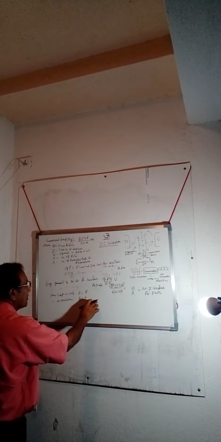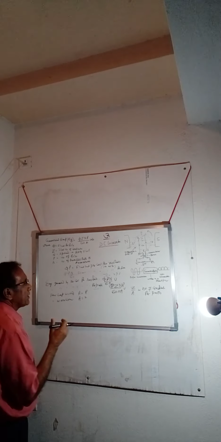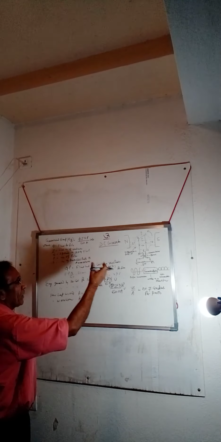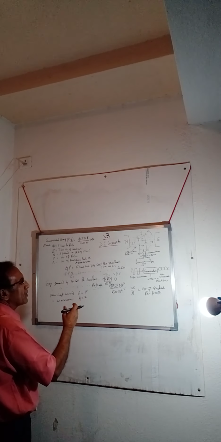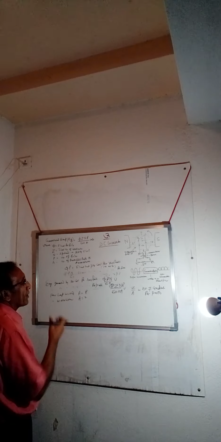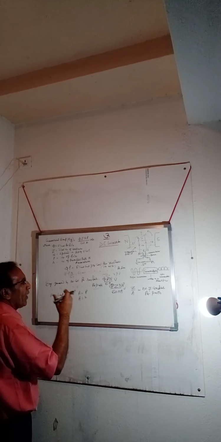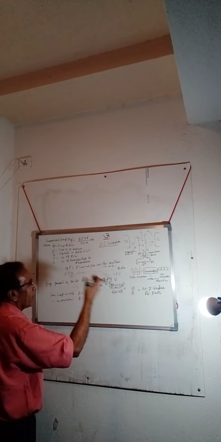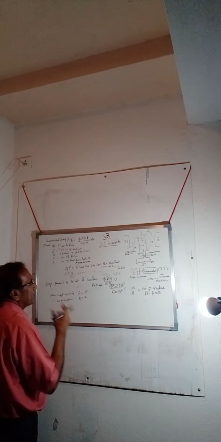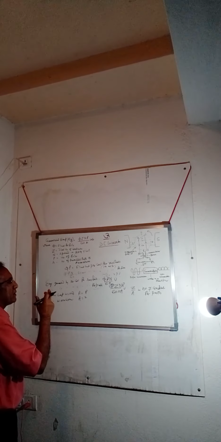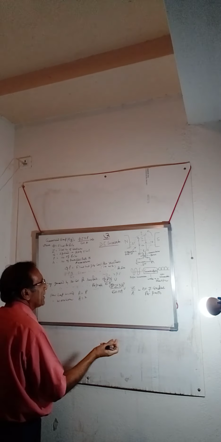So today the formula has already been derived. Now in the next class we will see the types of DC generator. The types of DC generator are according to how the field coil is connected with the armature. We name three types: DC series generator, DC shunt generator, and DC compound generator.